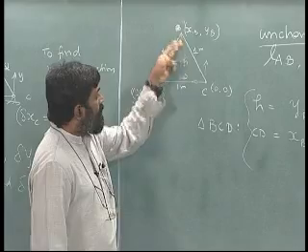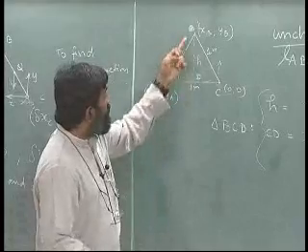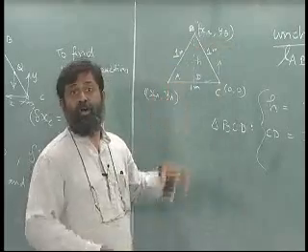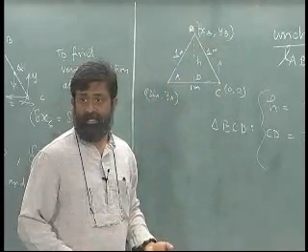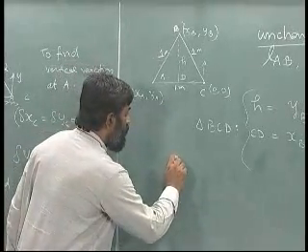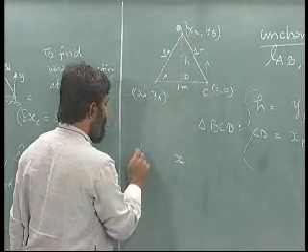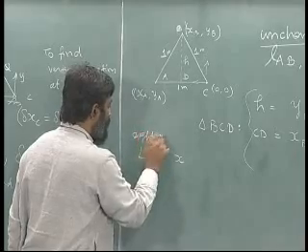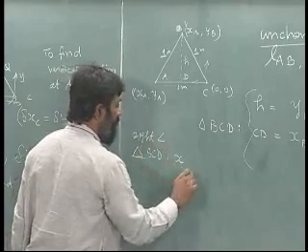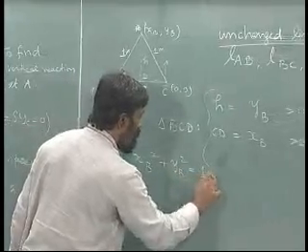Now, what is this length BC? It always remains the same, the length here is root of xb squared plus yb squared. So let me use that fact. Since this is a right angle triangle BCD, xb squared plus yb squared is equal to 1.